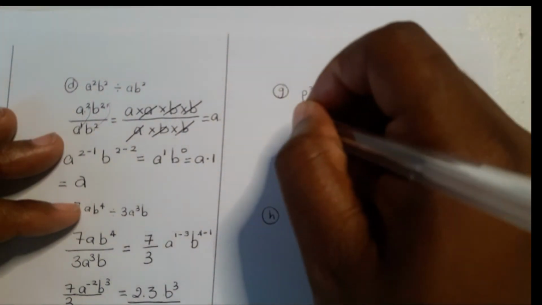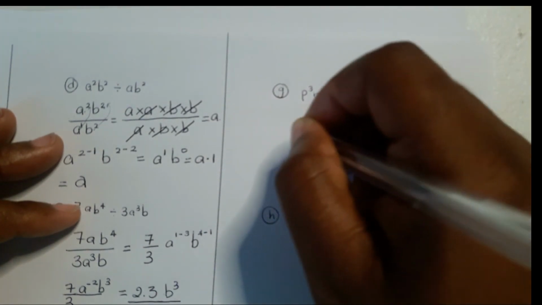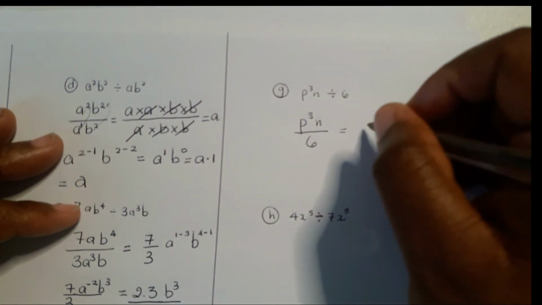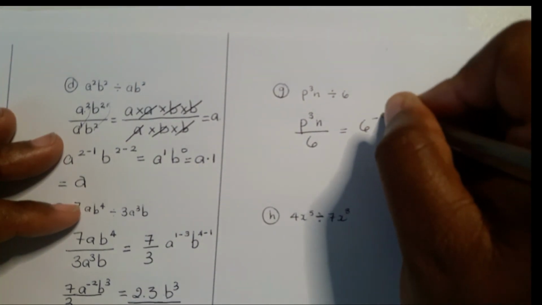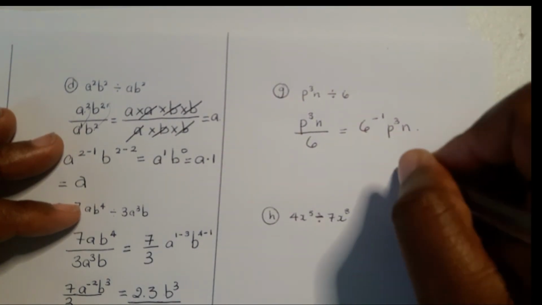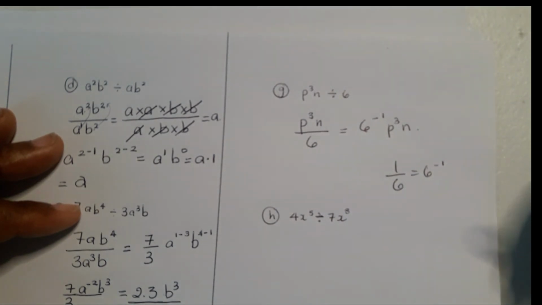Okay, now we have p cubed n over 6. Nothing can be done except you could write it nicely. So you could say 6 to the minus 1 p cubed n. Because remember, 1 over 6 is actually 6 to the minus 1.